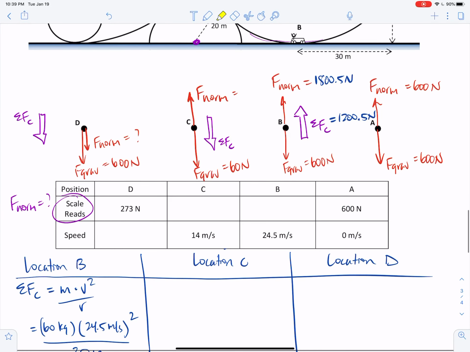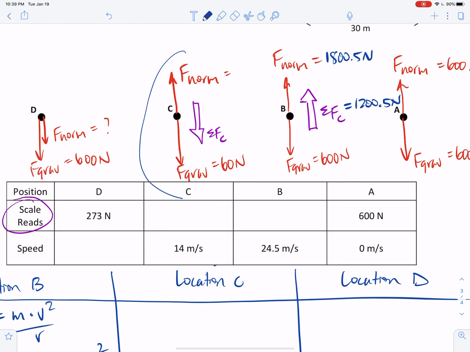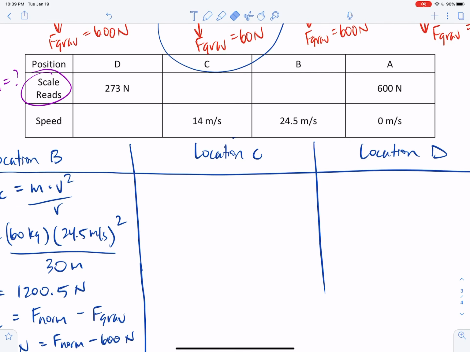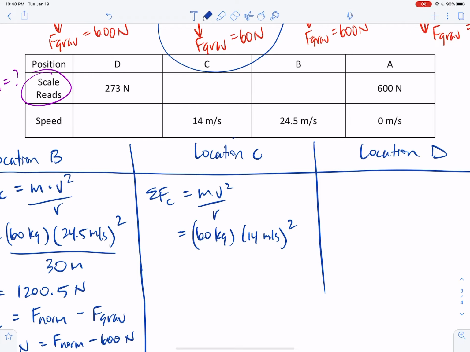Okay, so now we're going to focus here. At location C, I have a very similar picture, but now the centripetal force is downwards. Let's figure out what it is, and then we can figure out what the normal force is. As before, the sum of the forces in the centripetal direction is going to be equal to mv squared over r. The mass is 60 kilograms. The speed now is 14 meters per second at location C. Again, don't forget to square it.